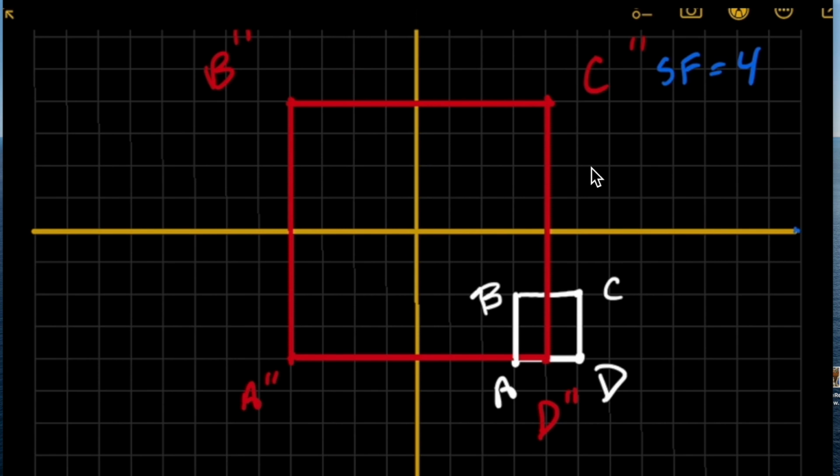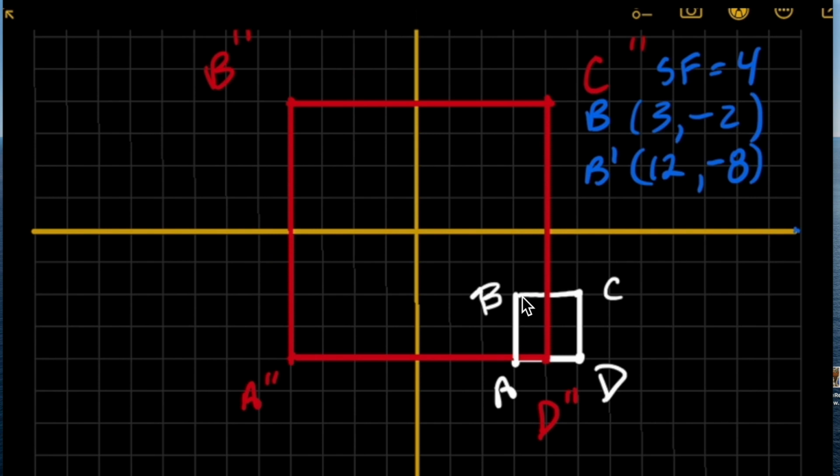The coordinates of B are 3, negative 2, and that's our original point. To get B prime, we multiply both of those by 4 and get 12 and negative 8.